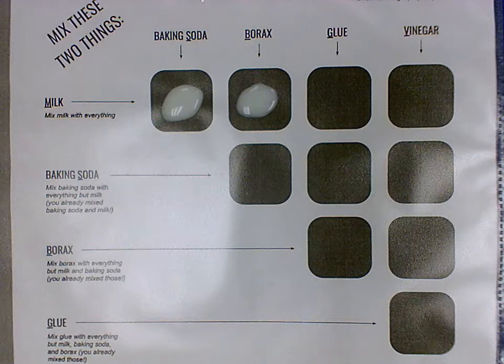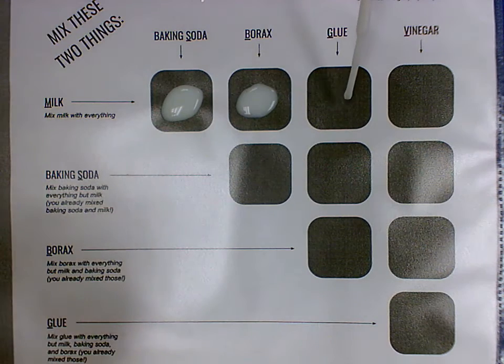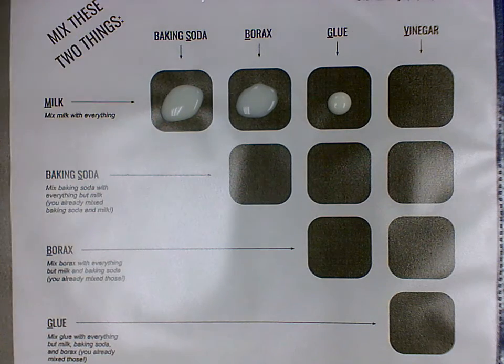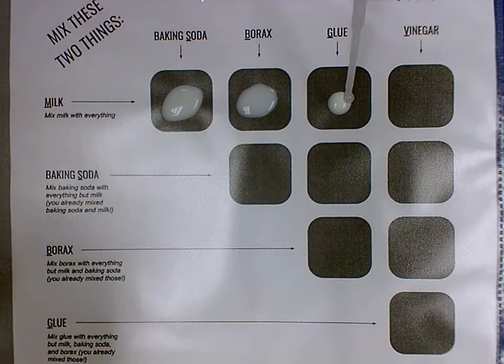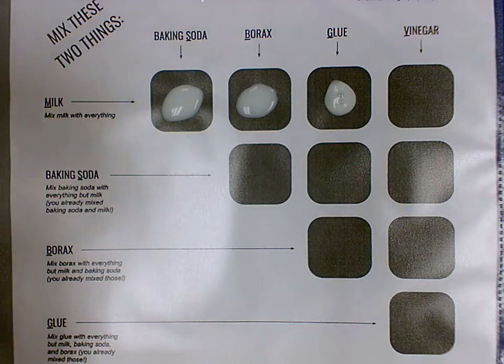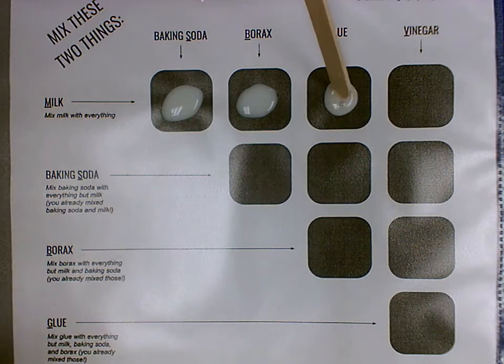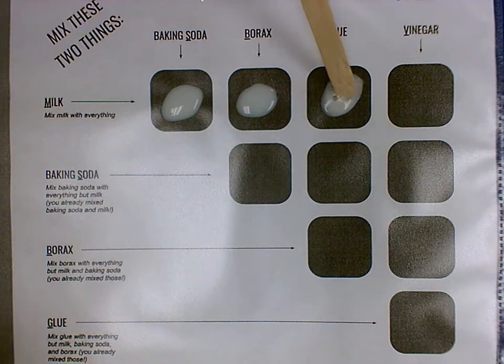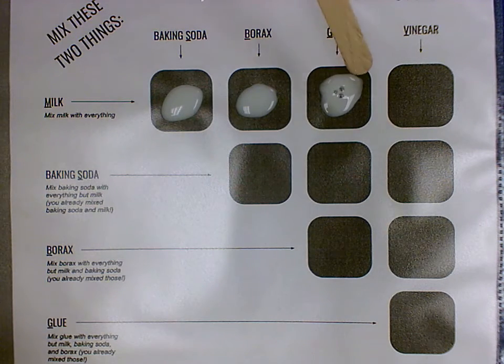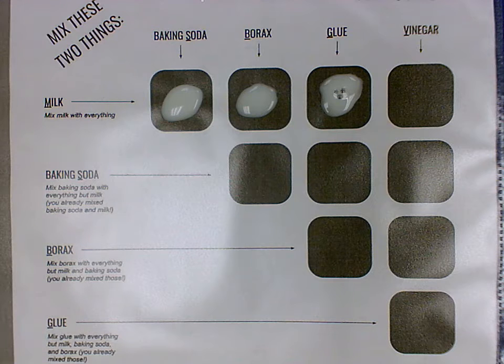Now let's go ahead and do milk with glue. And we'll stir that. And finally, milk and vinegar.